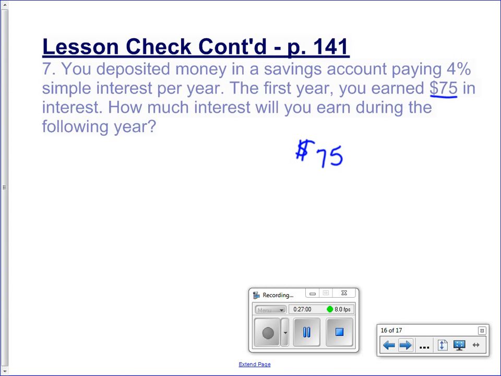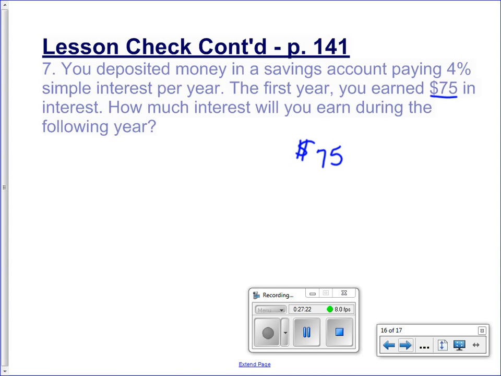If you put that $75 in the account, then your deposit is now $75 bigger and you will earn 4% on that 75 the next year. So this is kind of not a very good question in some ways.